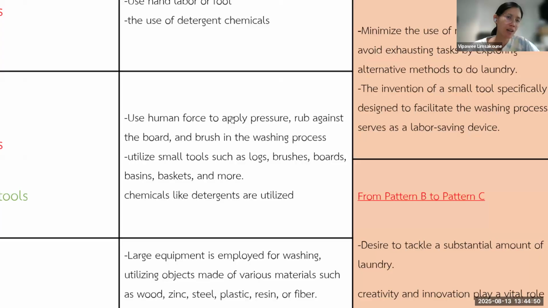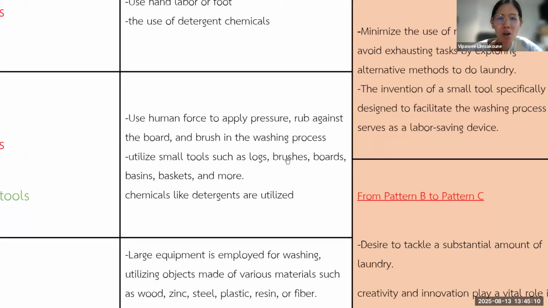Examples here are we use human force to apply pressure or to rub against a board, or we could use a brush to wash our clothes. The small tools could be wood log, mine, brush, fan, board, basin, basket.